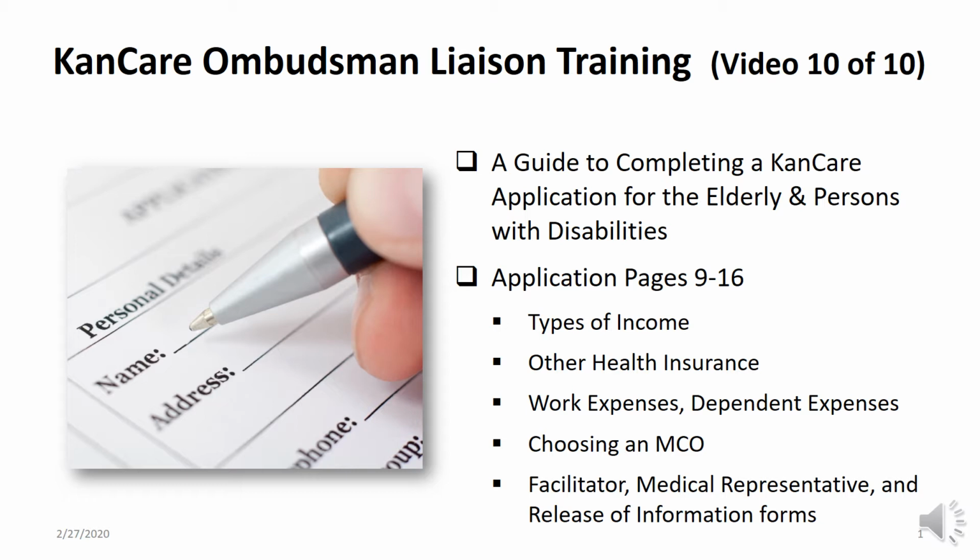Specifically, we'll be looking at different types of income, other health insurance, work expenses for someone with a disability, dependent expenses for someone applying for a long-term care program, choosing an MCO that fits your needs best, and understanding the difference between a facilitator and a medical representative, and also where to find the KDHE, that's Kansas Department of Health and Environment, release of information form so that you can correspond with the clearinghouse about your loved one.